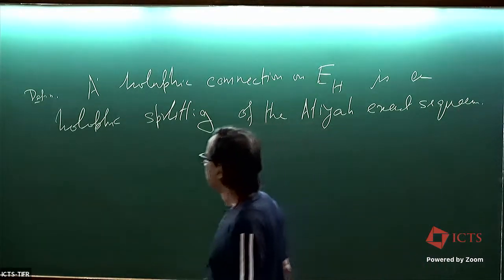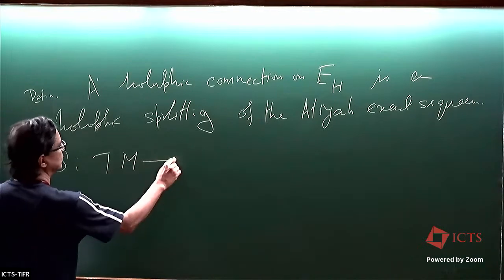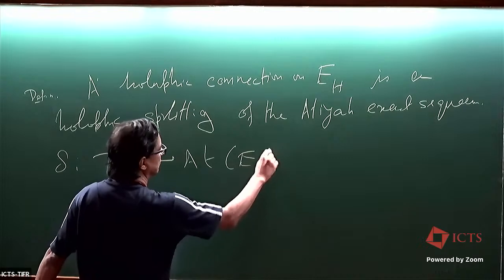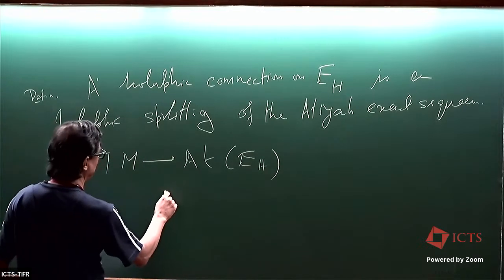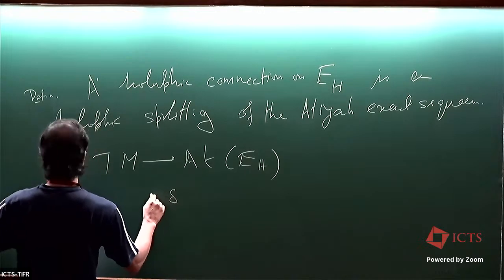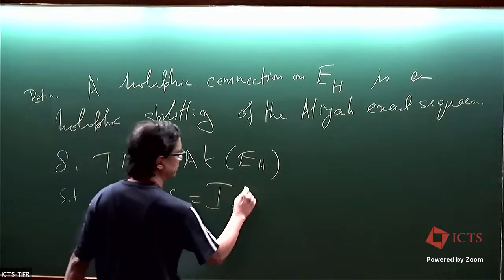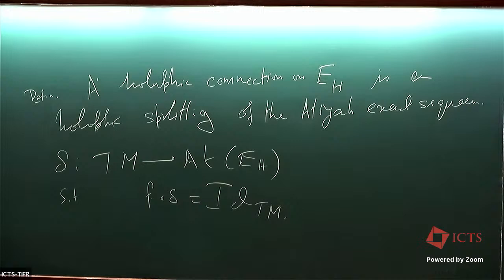That means a holomorphic homomorphism delta from T M to At(E_H) such that if you first apply delta and then the projection, the composite equals the identity map of T M. This is the definition of a holomorphic connection.